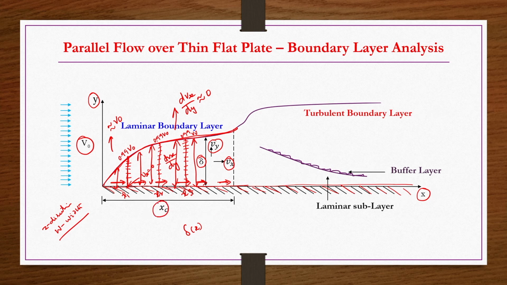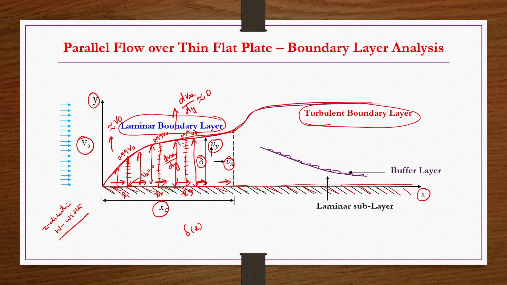But there is a certain x value which we call xc. After that, the boundary layer thickness abruptly increases, or the slope of the boundary layer thickness curve changes abruptly. Up to that point xc, the boundary layer is what we call the laminar boundary layer, and after that it is called the turbulent boundary layer.